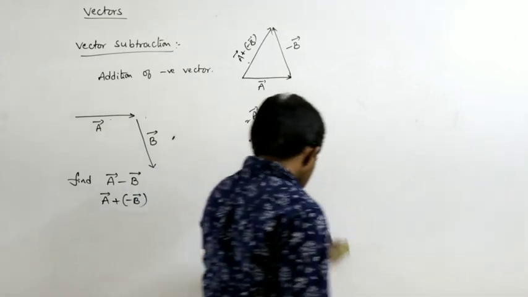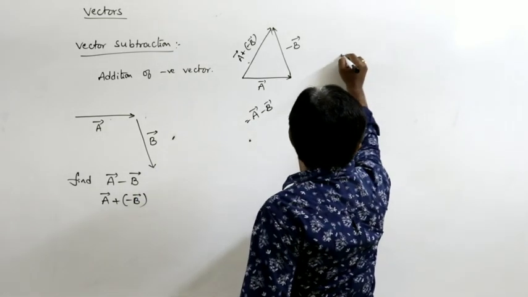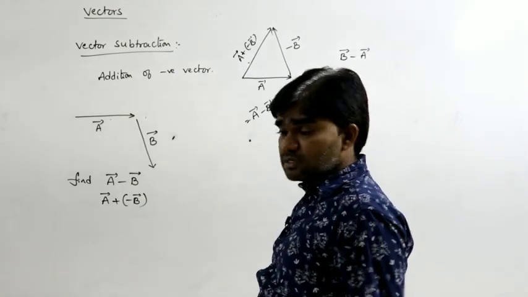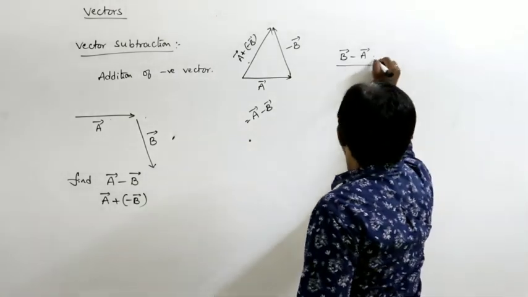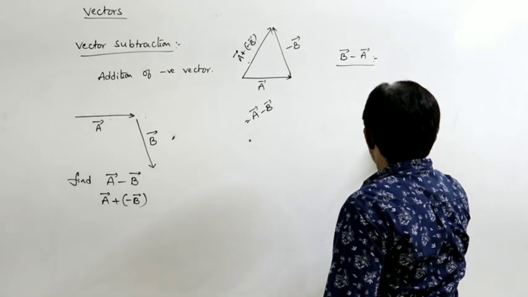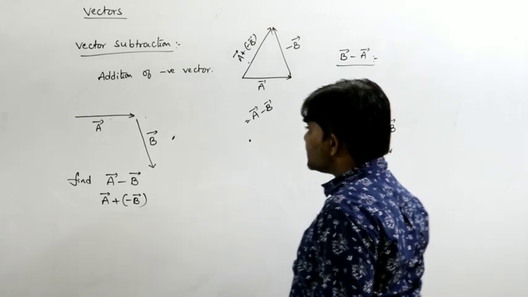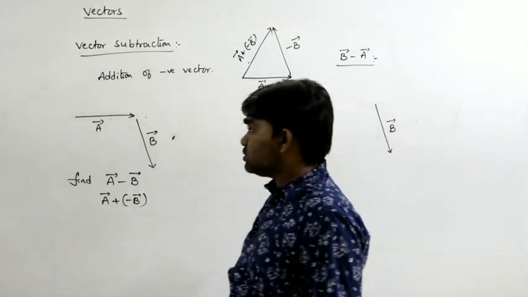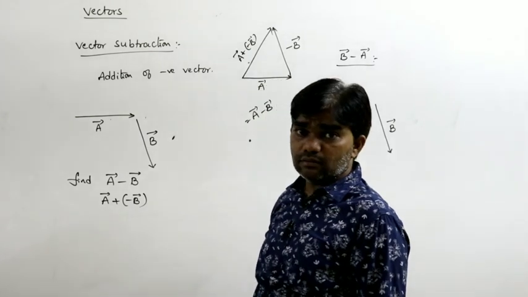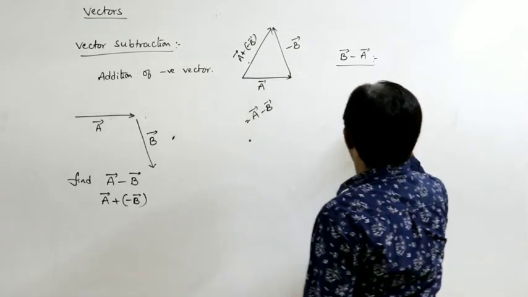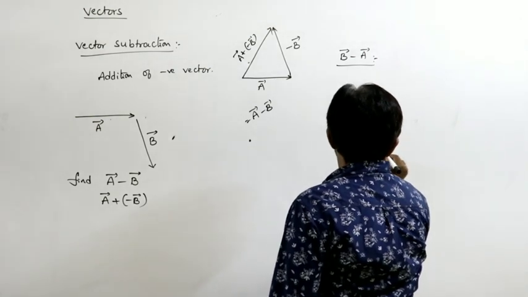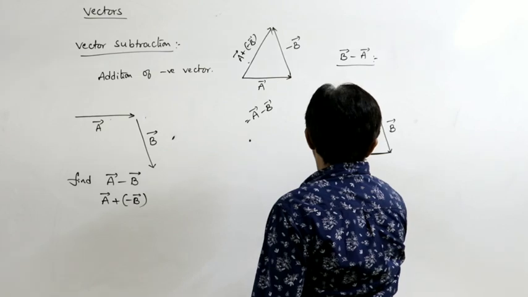Next, for example, if you want to find B bar minus A bar, what is the B bar direction? See here, this is the direction of B bar, minus A bar. This is the actual direction of A bar, but minus A bar is written like this.